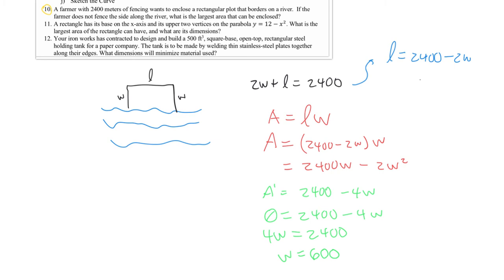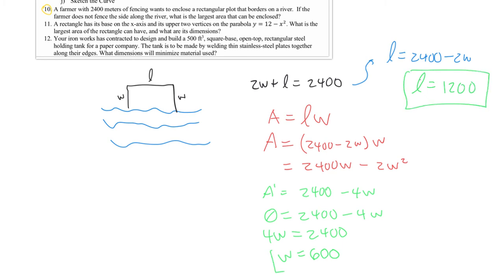And there you go. So the width should be 600. Once you have the width, you could plug it into this one, and you could very quickly see that the length is going to be 2,400 minus 2 times 600. So that's going to be 1,200.